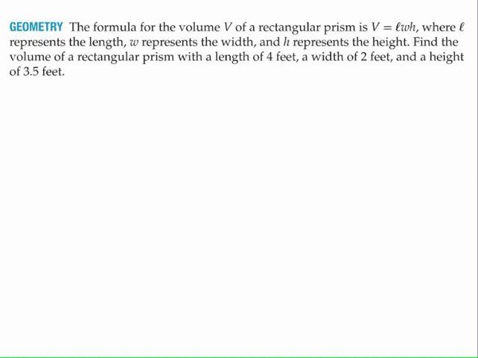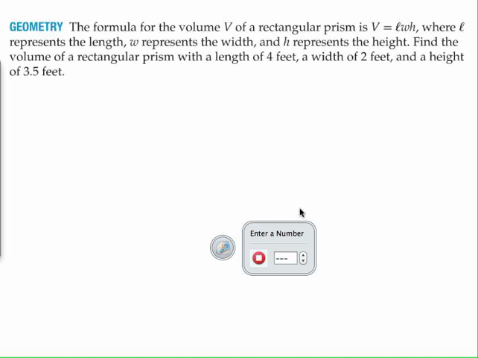L represents the length, W represents the width, H represents the height. Find the volume of a rectangular prism with a length of 4 feet, a width of 2 feet, and a height of 3.5 feet. So what I want you to go ahead and do is when you calculate that, type your answer in on your expressions. Shouldn't take you that long, and we'll see what you get.